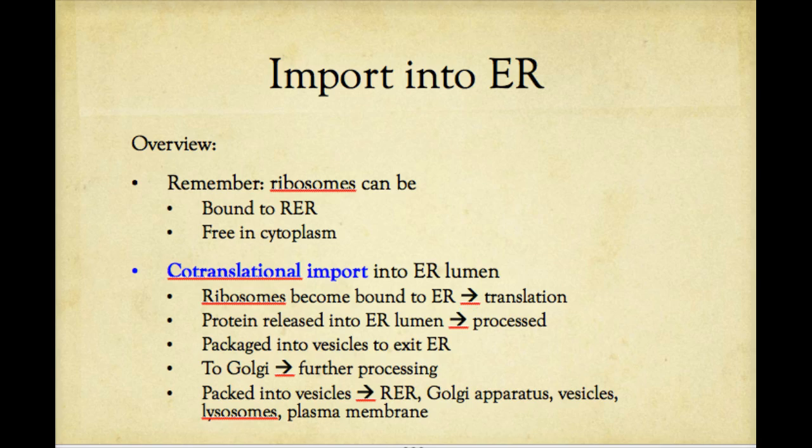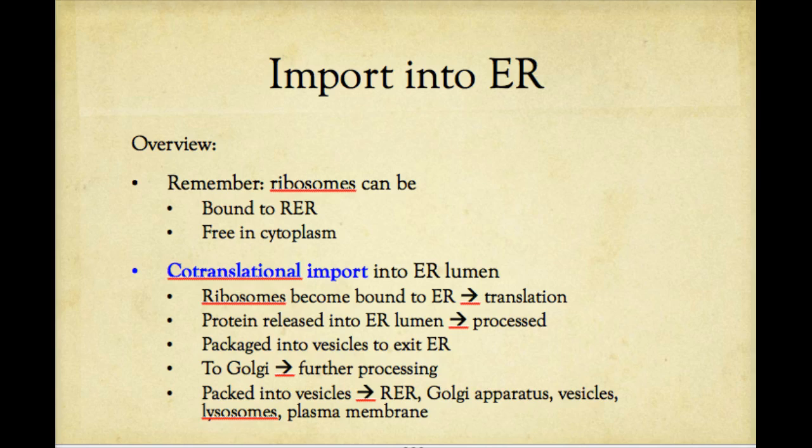All right, so let's begin with the process of co-translational import. Remember, ribosomes can be found free in the cytoplasm, and they can also be found bound to the rough endoplasmic reticulum. That's why we call it rough, because under the microscope, the surface of the endoplasmic reticulum looks quite rough due to the presence of these ribosomes.